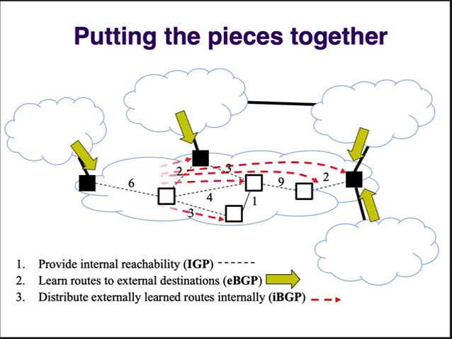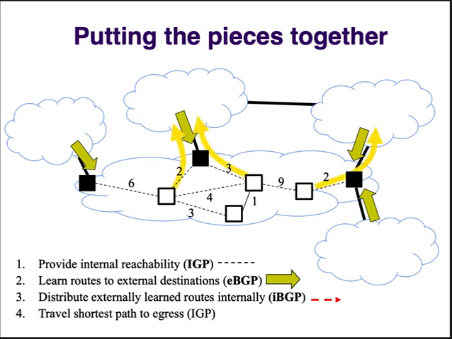And every border router is going to do this. This might look not very scalable. We'll come back to that in a bit. But at this point, any router anywhere in my domain has all the information it needs to reach any destination on the internet. Okay?